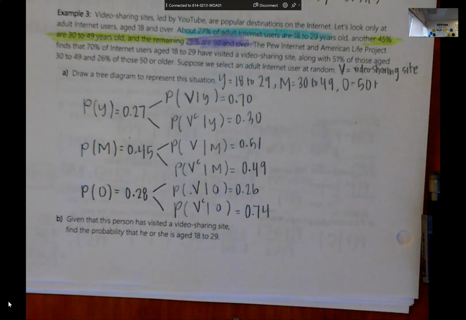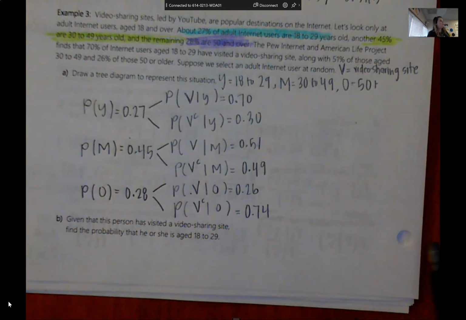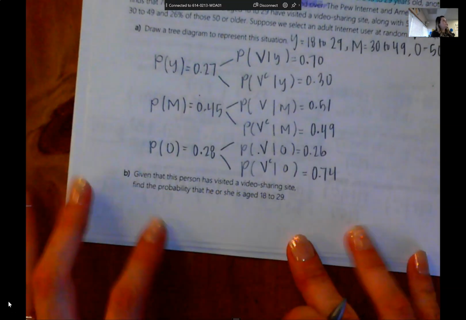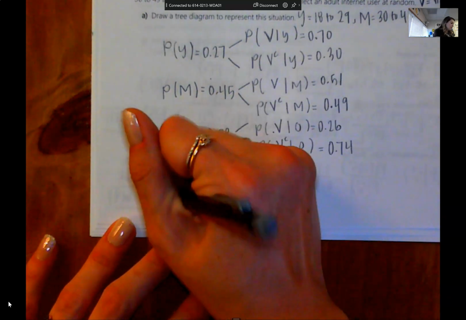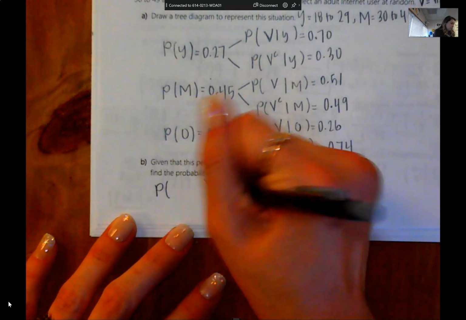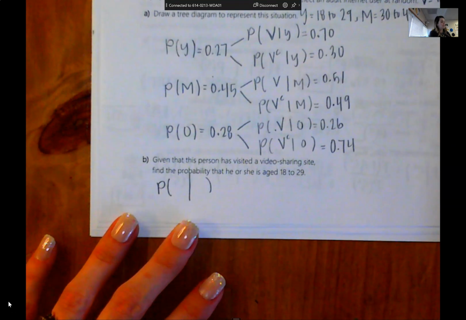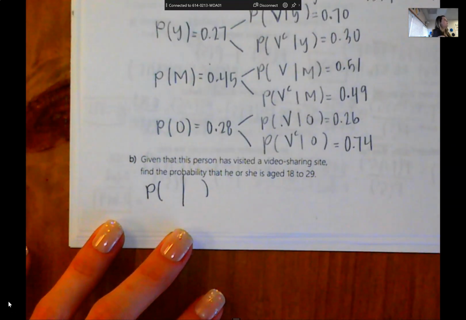To me, at least. Okay, then it gives us one question below. Given that the person has visited a video sharing site, find the probability that he or she is in the young group. So see, first of all, if you can fill in what they're asking you for the conditional probability.